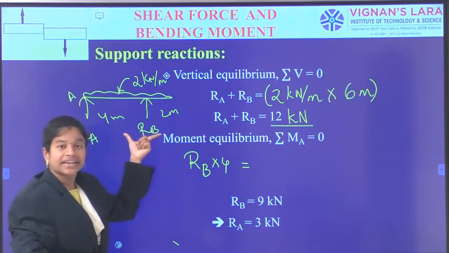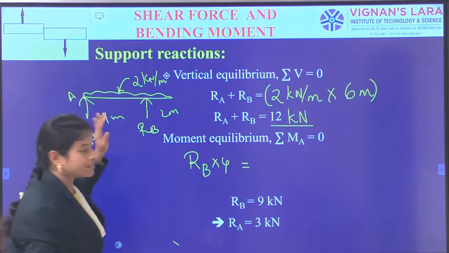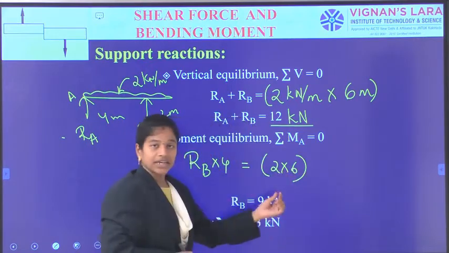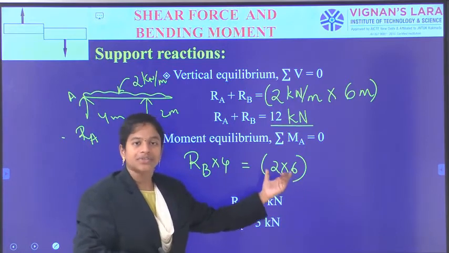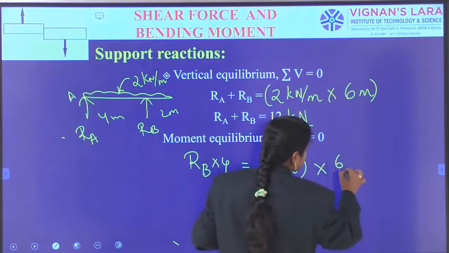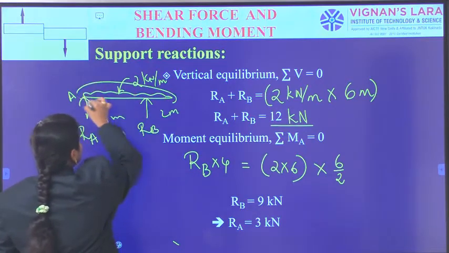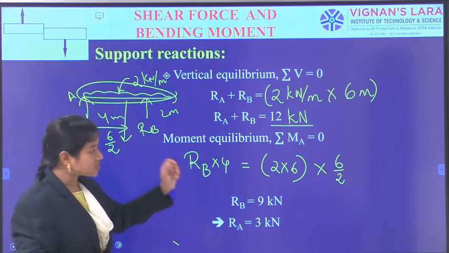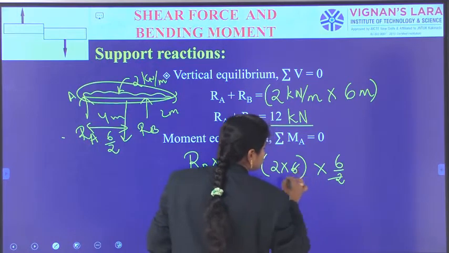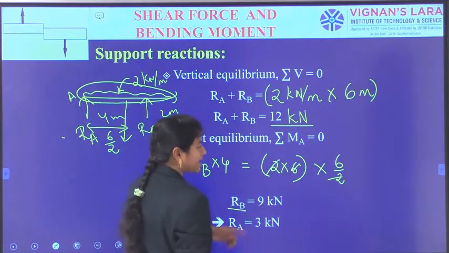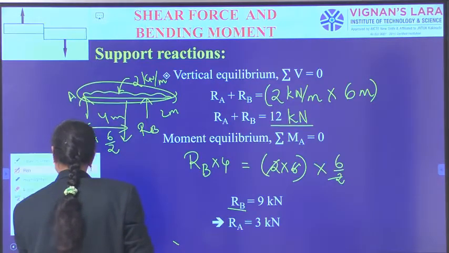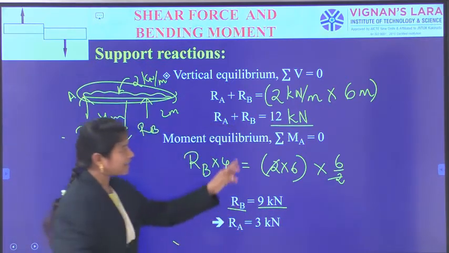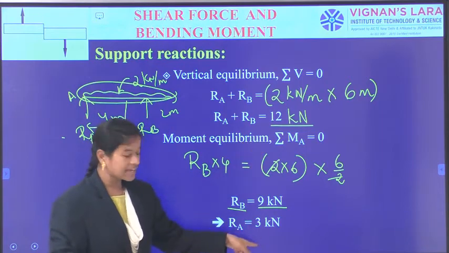It is spread over 6 meter length, so it acts at 3 meter from A. That is intensity into length of UDL, which is the load value, and this load acts at a distance of 6 by 2 from support A. After the cancellation, I have got RB as 9 kN, and from the vertical equilibrium, RA is equal to 3 kN.